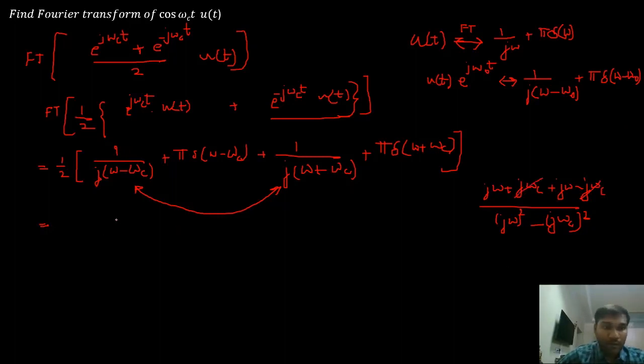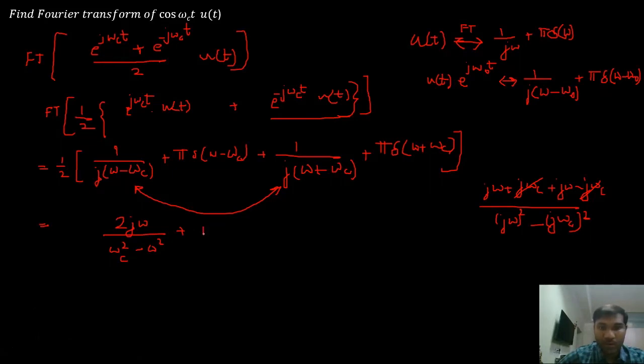So these two terms get cancelled and I have 2 j omega divided by omega c square minus omega square, right, plus my impulse functions.